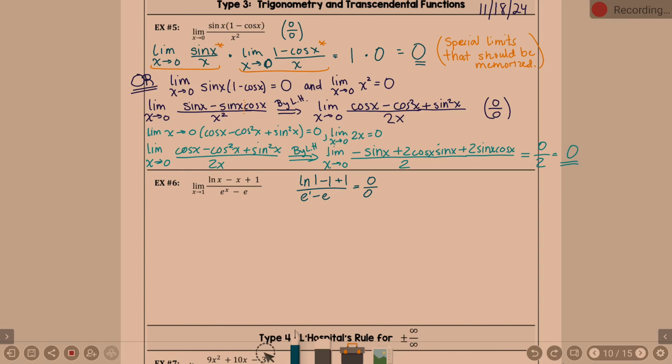Yes. Officially, on a free response, to use L'Hopital's you need to state that the limit on top is 0. So the limit as x approaches 1 of natural log of x minus x plus 1 is equal to 0.